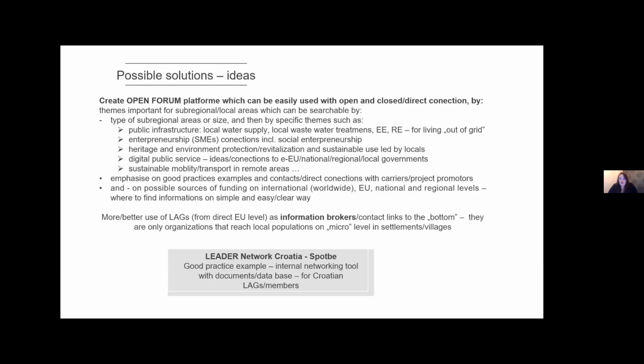Rural Network Croatia created a tool. We used the public network spot B, but it was quite pricey in the end for 5 years, and we used it as a policy making, policy planning, and problem solving tool for all the LAGs in Croatia, and it gave great ideas.